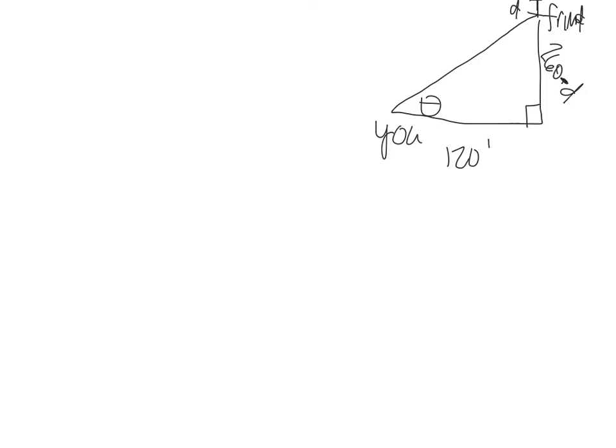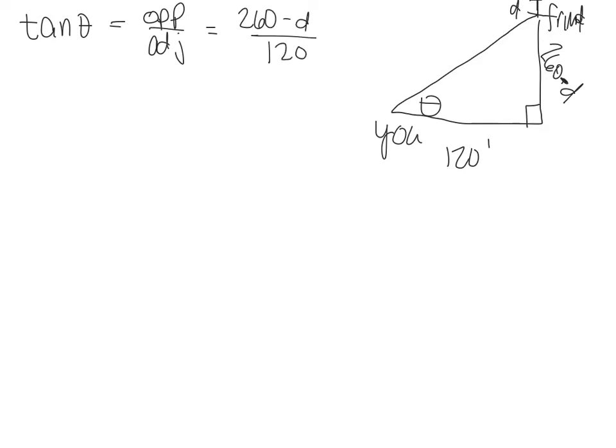Crazy, I know. So, we don't know the hypotenuse from what we have here, but I do know that tangent theta is opposite over adjacent, where opposite is 260 minus d over 120. That's just your definition of tangent. Cool?